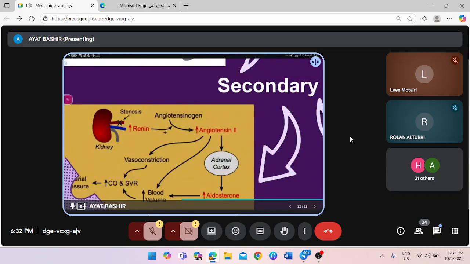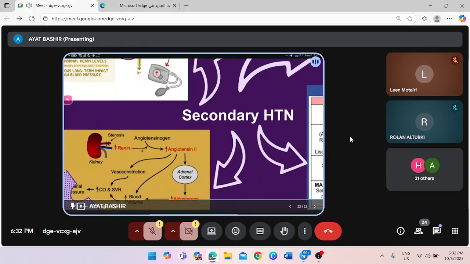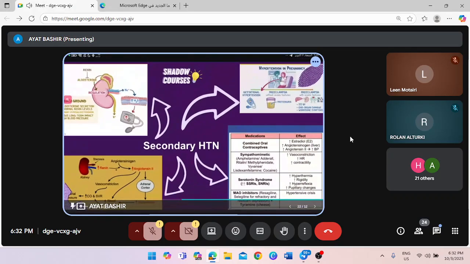So if we have any stenosis in the renal arteries, this will lead to hypertension, because it will think there is no blood arriving, so it will increase the blood pressure. But in reality it's not that there is no blood, it's that there is stenosis in the kidney artery, and there will be RAS system activation.